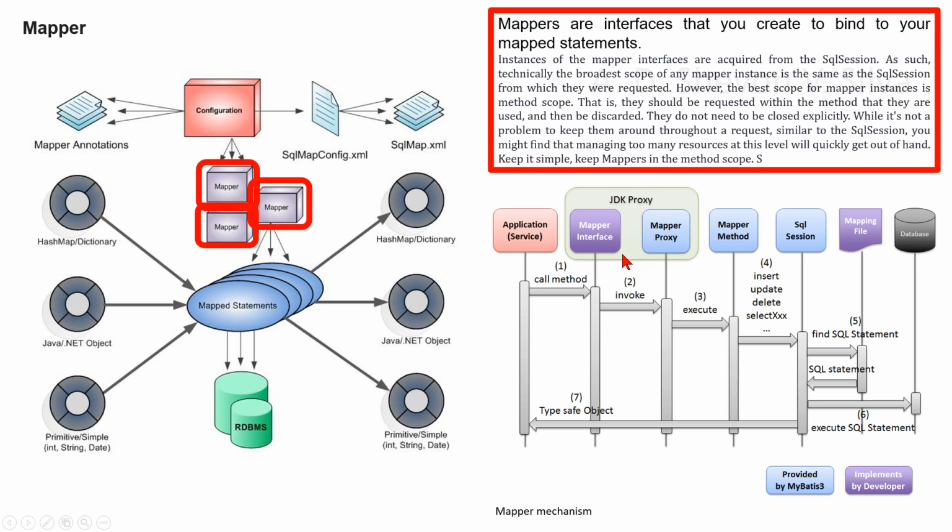When executing an application, the implementation class of the mapper interface is generated by MyBatis 3 using the proxy function of JDK. Hence, the developer need not create the implementation class of the mapper interface. It is not necessary to define inheritance or annotation of interface provided by MyBatis for the mapper interface, and it can be simply created as a Java interface.